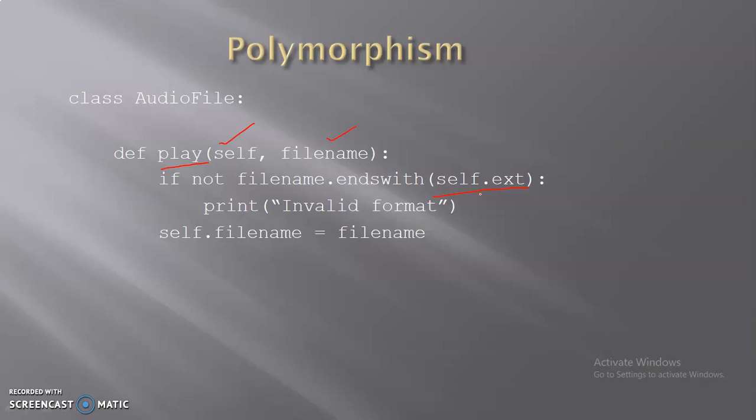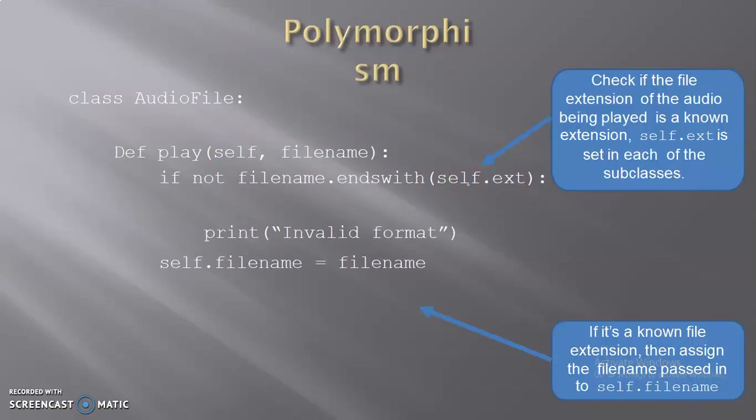If the given file name ends with this extension, then it is a valid file. If the file does not end with the specified extension, then it prints the message invalid format. So this method checks whether the file ends with the specified extension or not.